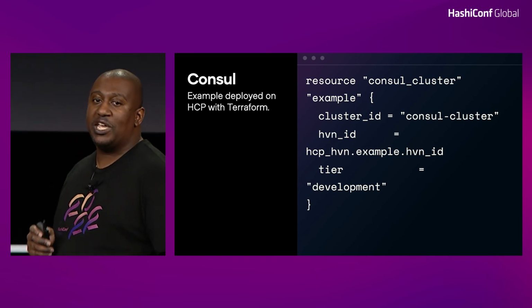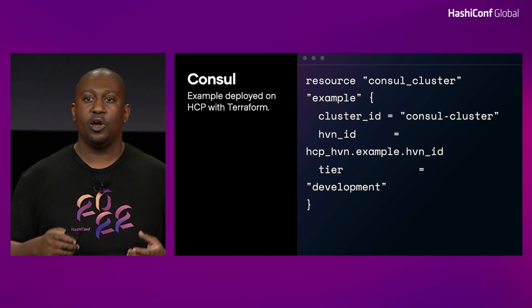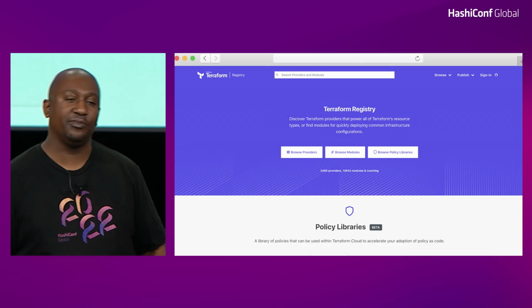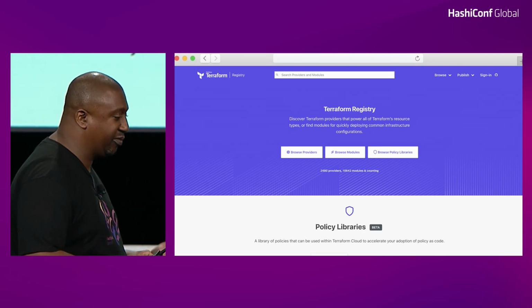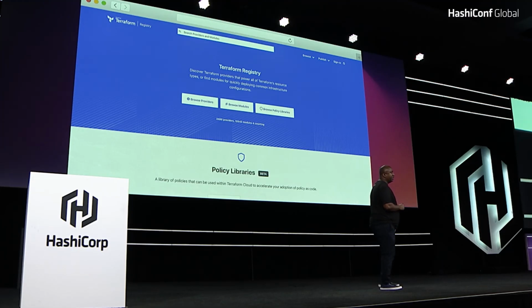But this is why it's amazing to be able to deploy these things with Terraform, because Terraform has this thing called the Terraform Registry. If you use Terraform, you've probably used this before. It's the thing that houses all of the Terraform providers, but it also houses Terraform modules.